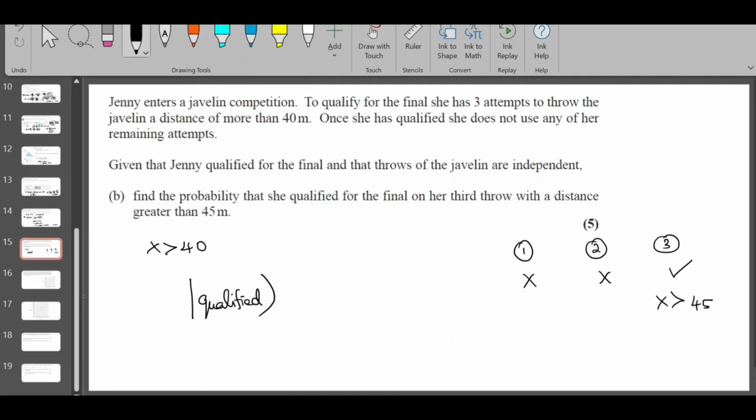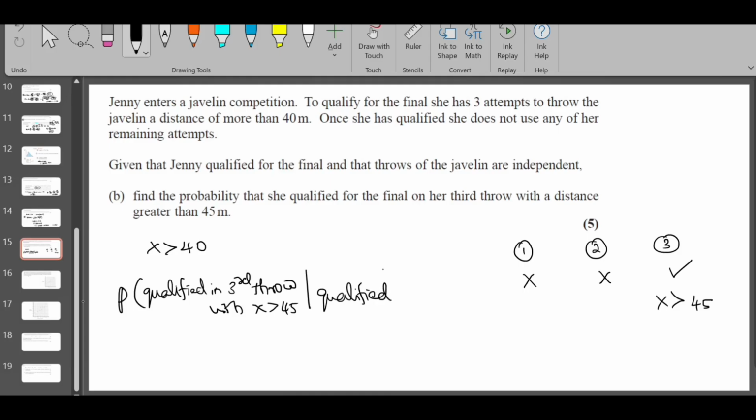So you can put it as x is greater than 45 here. P of qualified in 3rd throw with x greater than 45, given that qualified. That's the probability we need to find.